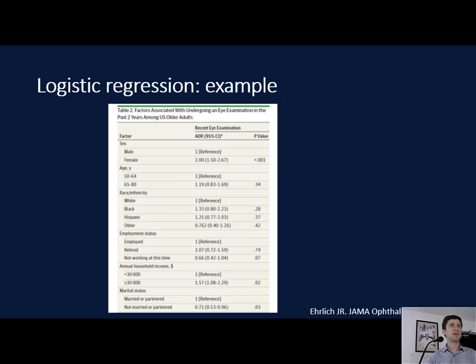So we would be comparing, say, 68-year-olds with 67-year-olds and saying there's a 1.1 times the odds for 68-year-olds that there are for 67-year-olds in getting an eye exam. So you can enter a continuous predictor, you can enter a categorical predictor, and the interpretation is roughly the same. But you're looking at a ratio of odds for one person versus odds for a different person or a different group of people. Questions about that, about interpreting logistic output?